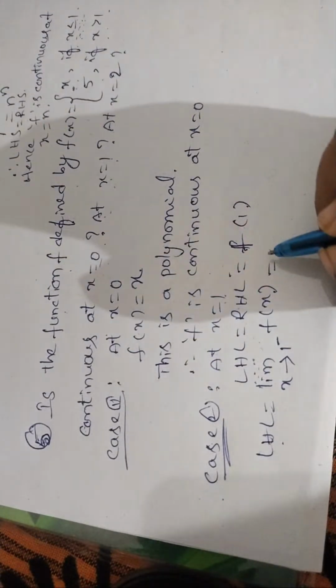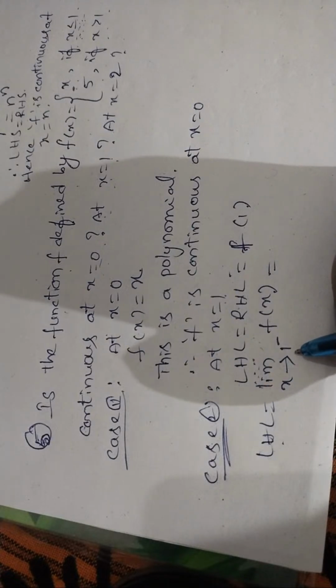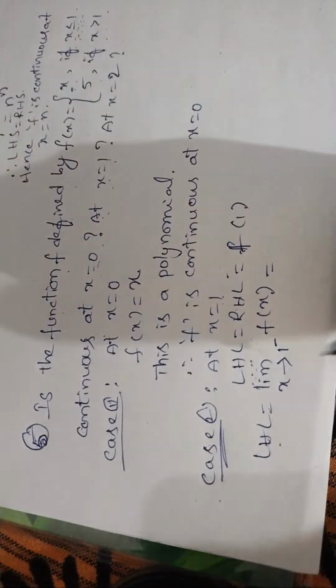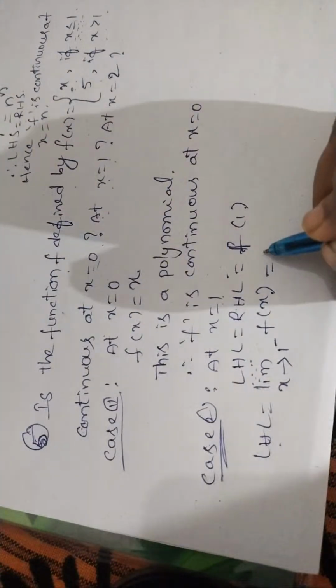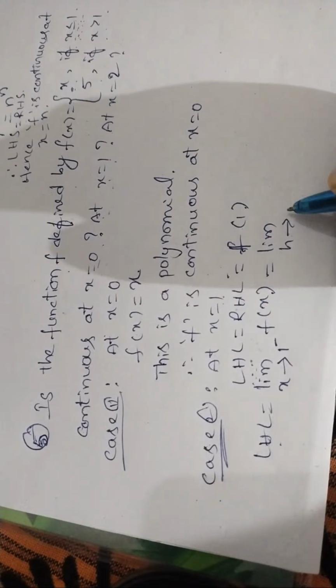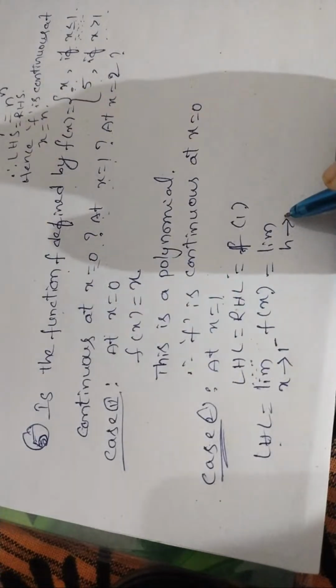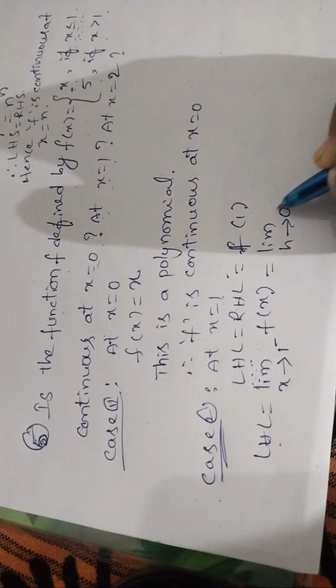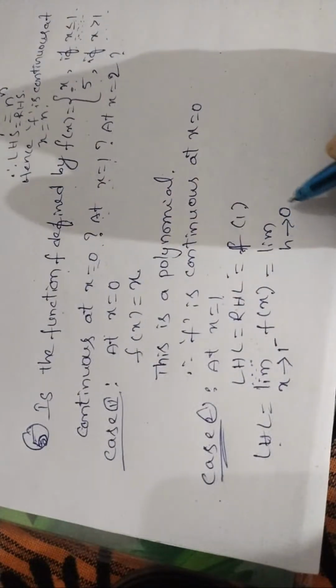Actually this tends to 1 minus, but I will select it from 0. It starts from 0, that is h. I will change the variable also. h tends to 0 means we are going to start from the beginning.